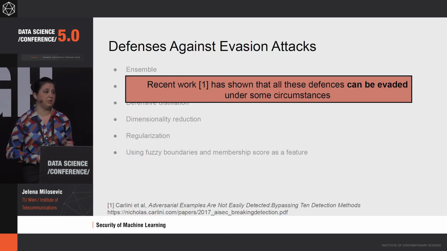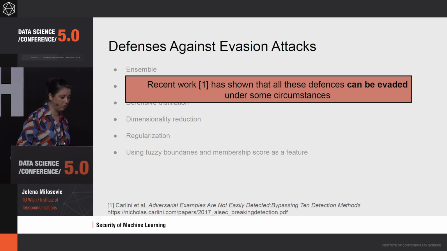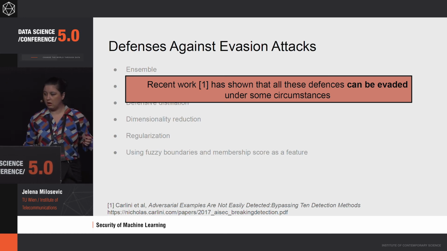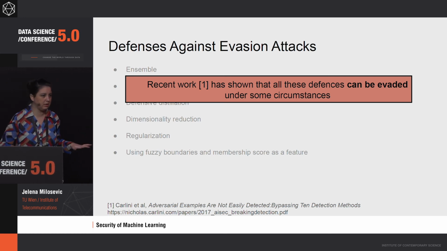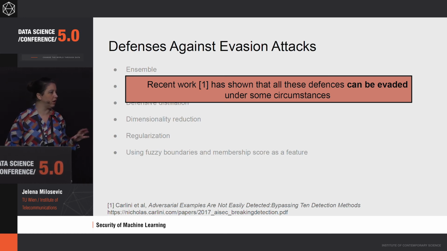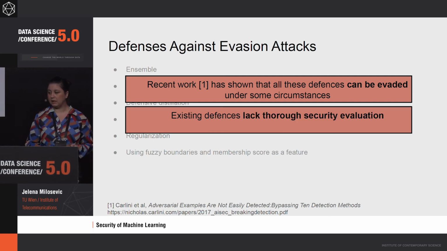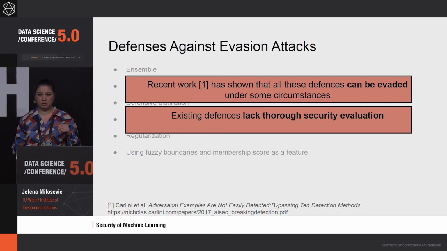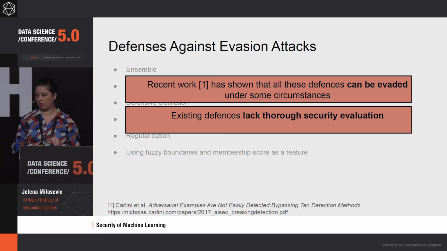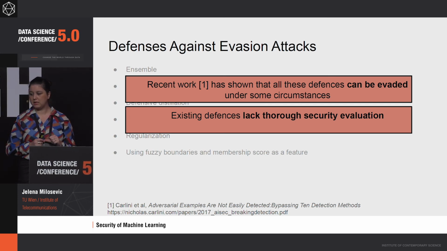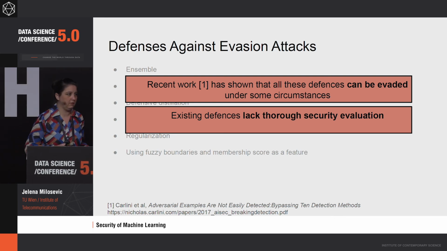And some recent work from two years ago has shown that all these defenses can be evaded in one way or another. So basically, there is a problem with each of them. The other important aspect that arises from the same paper is that existing defenses lack thorough security evaluation.